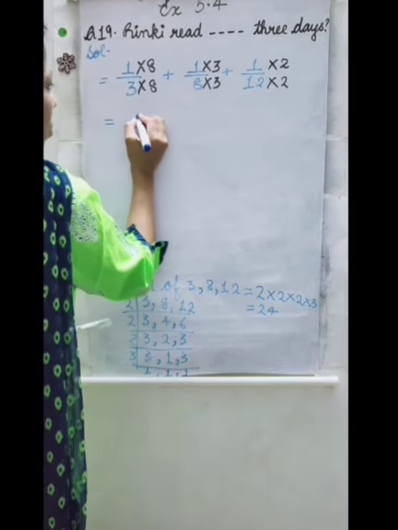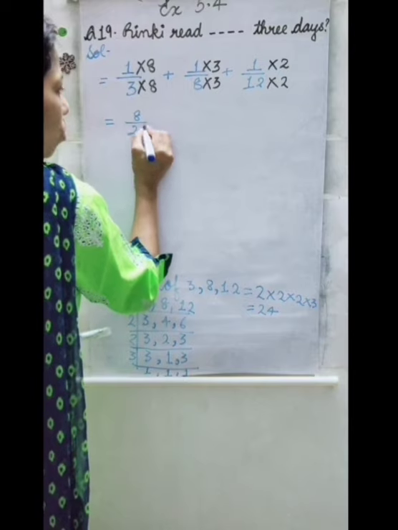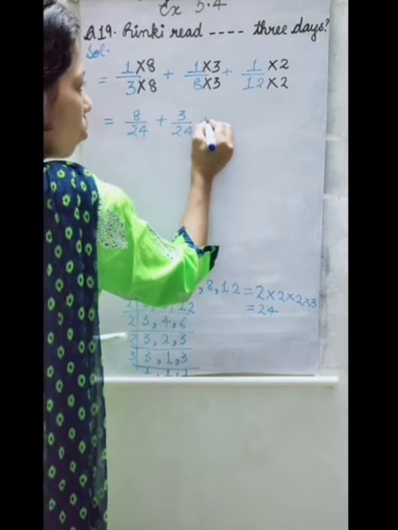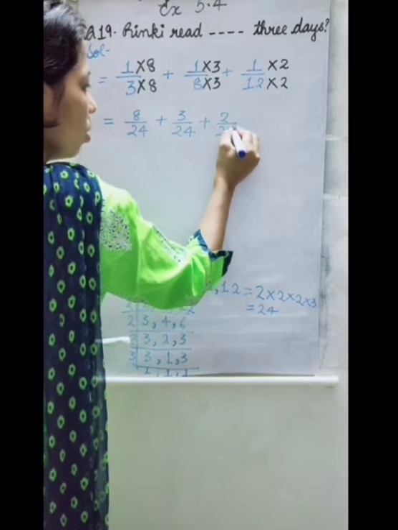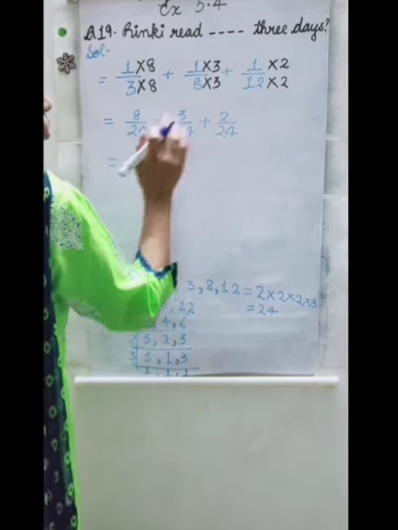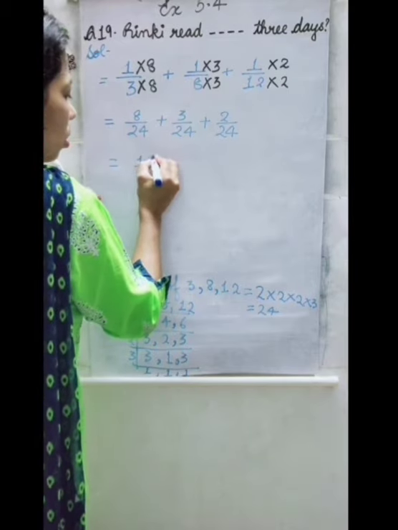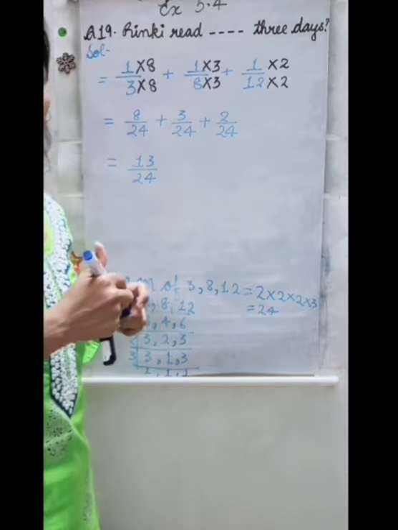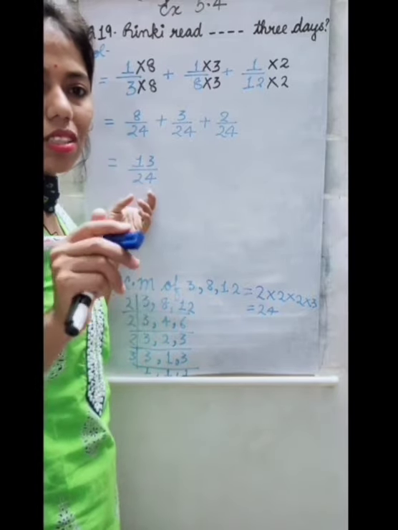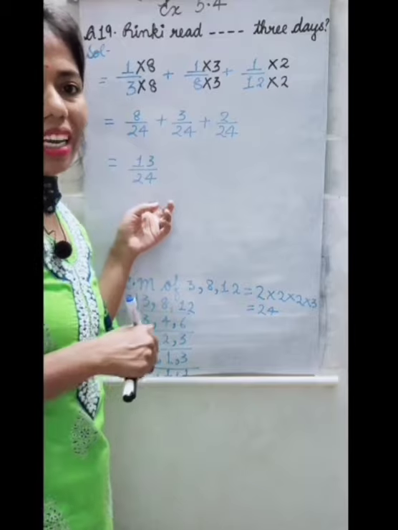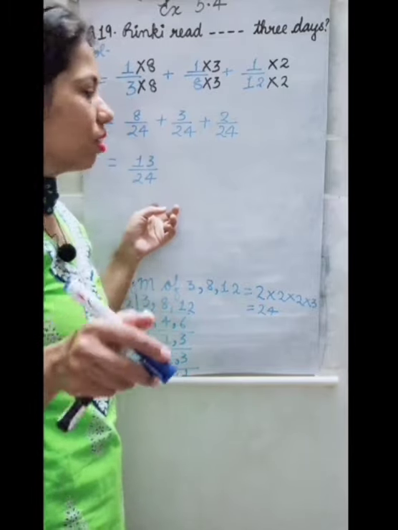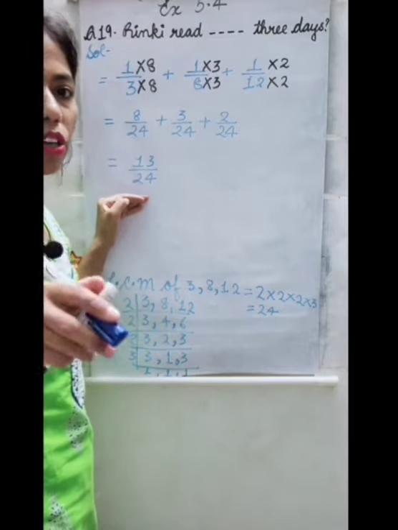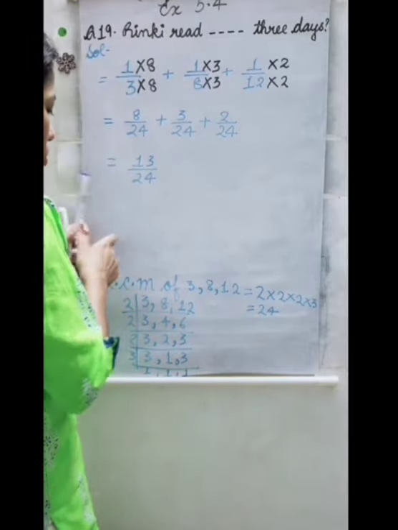So in the next step it will be 8/24 plus 3/24 plus 2/24. 8 plus 2 is 10, 10 plus 3 is 13/24. So the question was asking what fraction of the book she read in 3 days.